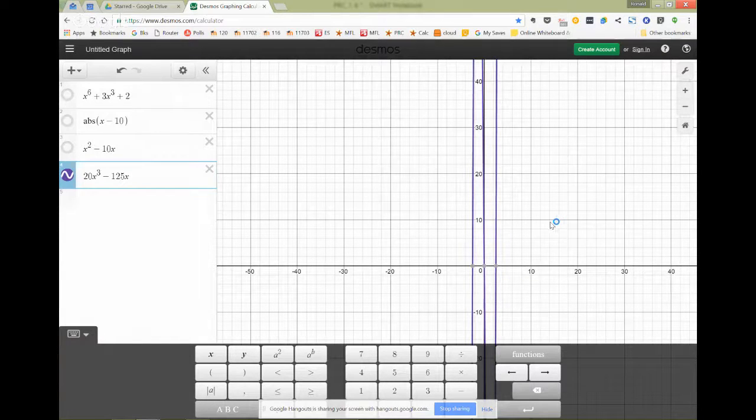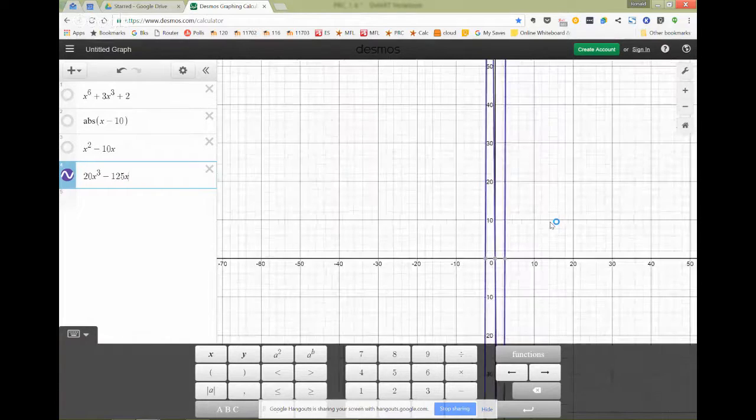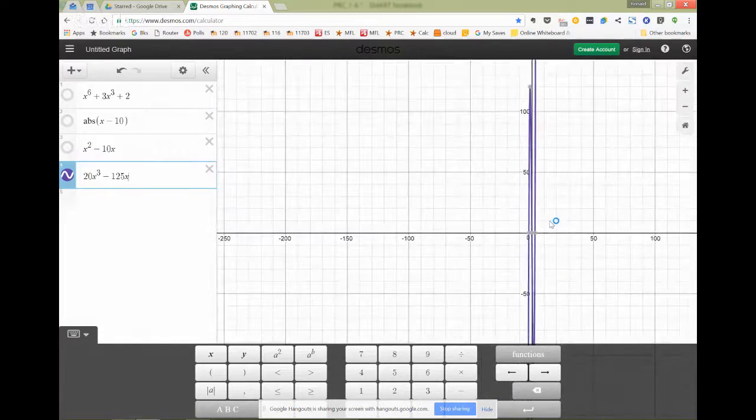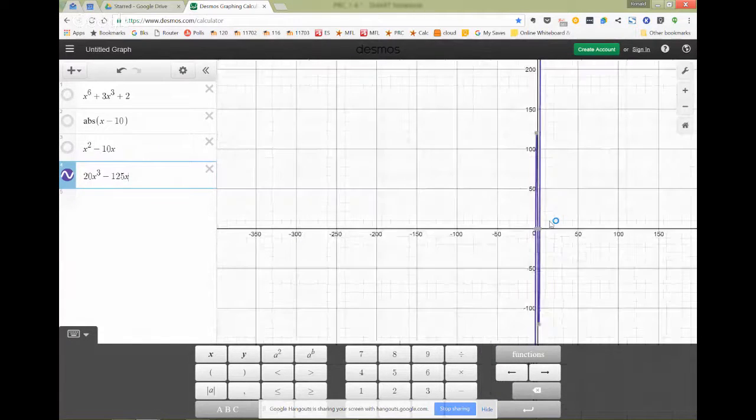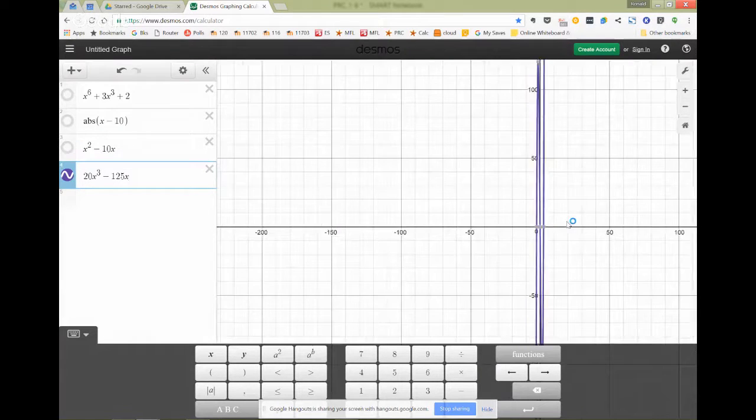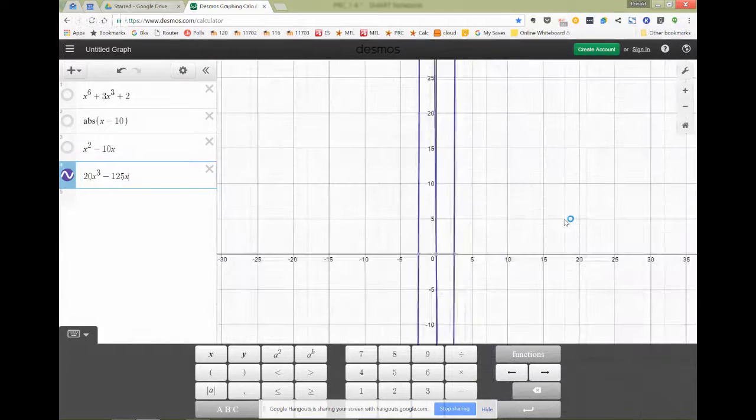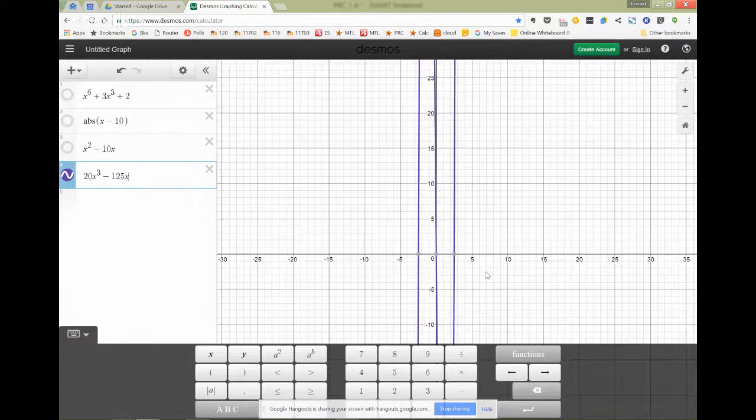Now, this thing turns out to be rather large; it's basically a really scrunched together cubic. So I'm going in, and you can see there are 3 places where this hits 0: 2.5, which is our 5 halves, 0, which we had, and there's the negative 5 halves.